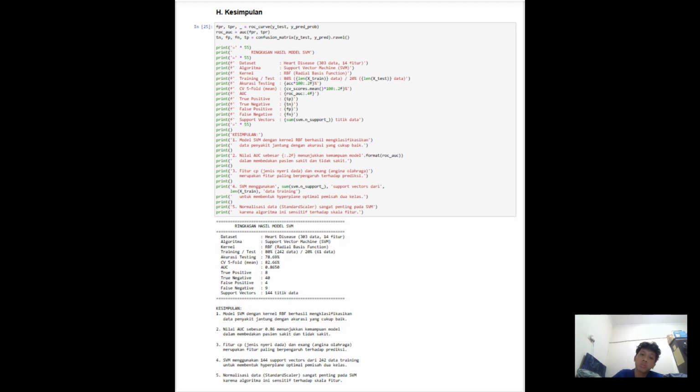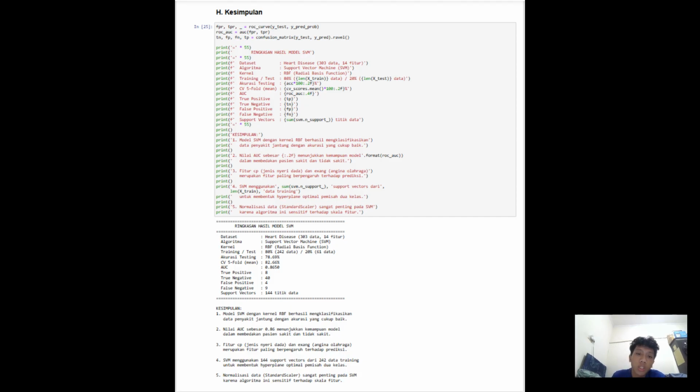This is the SVM model result summary. The dataset is heart disease with 2003 data and 14 features, and the algorithm is SVM, a support vector machine, with the RBF, radial basis function, kernel. The train-test split is 80%, 2042 data, and 20%, 511 data. The testing accuracy is 78%, and the CV5 mean is 82%, and the AUC is 86%.